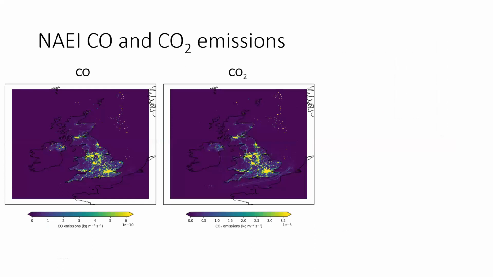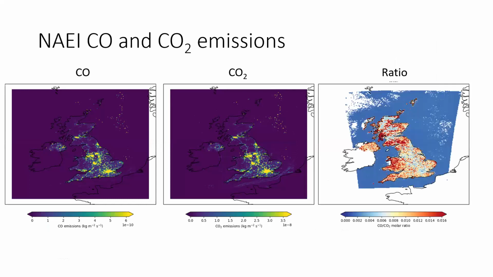If we then plot these up, again a slightly different version of those plots from the opening slide, you can see similarity in those emissions distributions, predominantly focused on urban centres. But if you look at the ratio, this is now the molar ratio between CO and CO2, from data from the UK's NAEI.